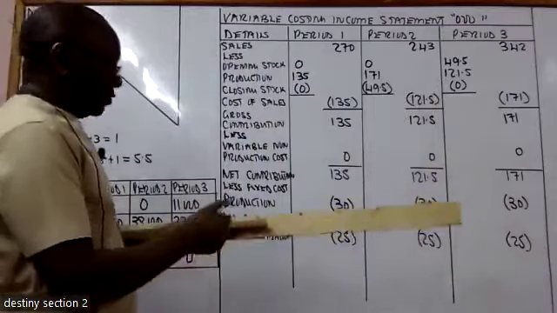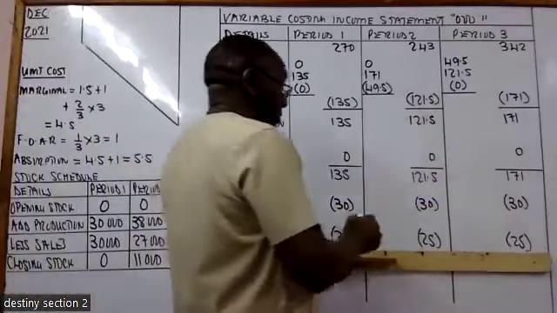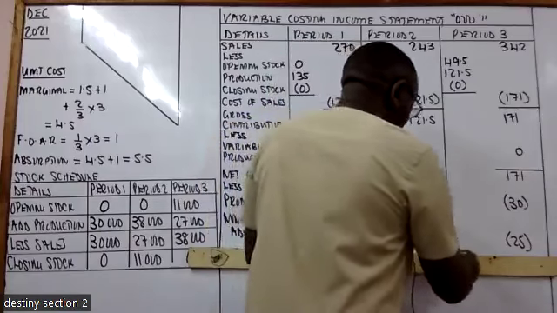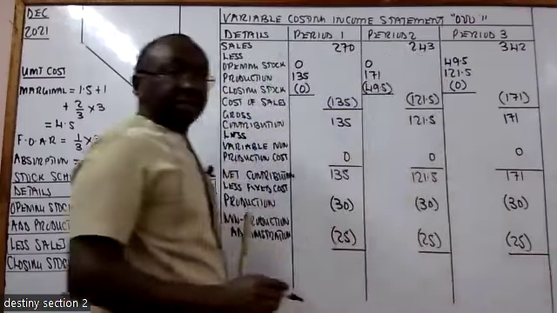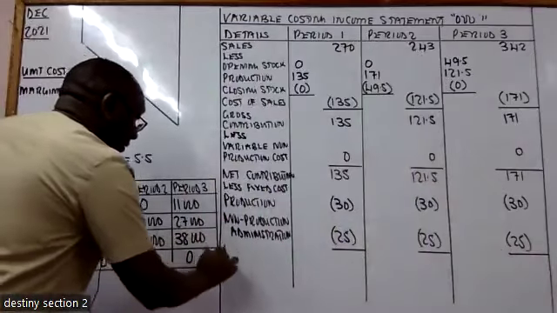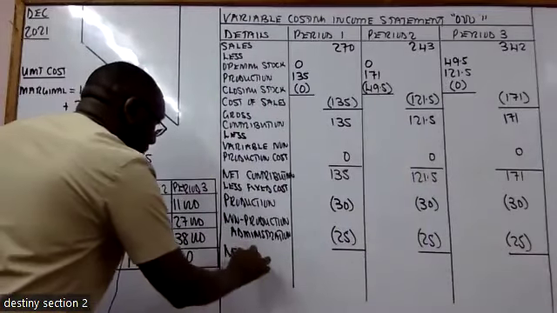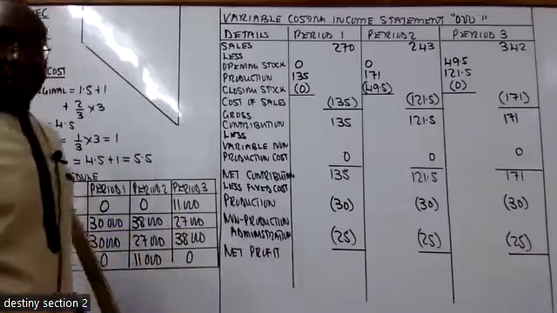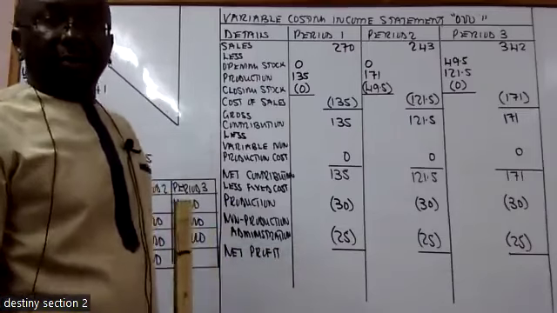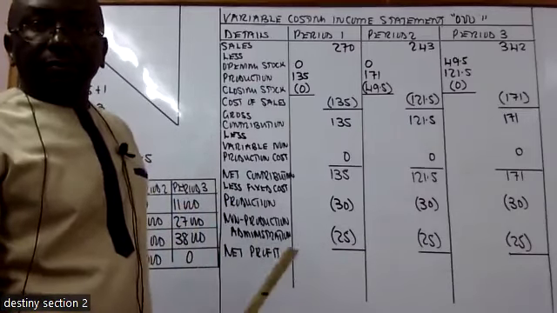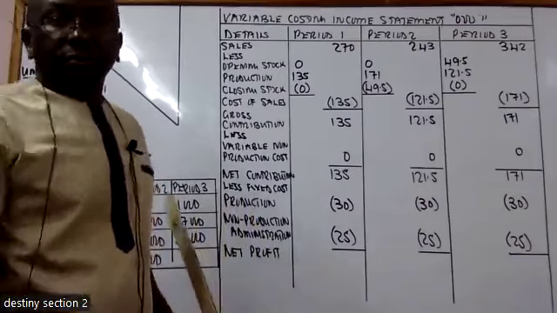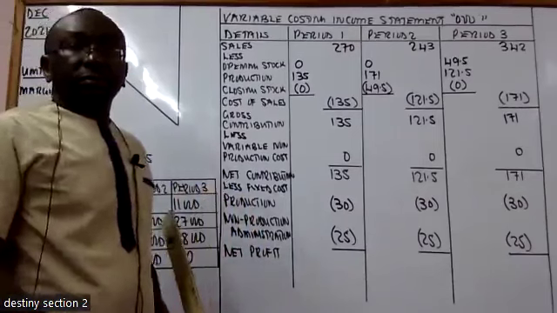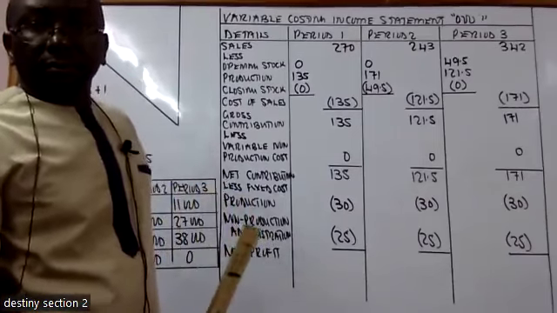So with that, we are able now to come and get our figure, which is known as net profit. Tell me in the first case, our net profit is how much? $80.